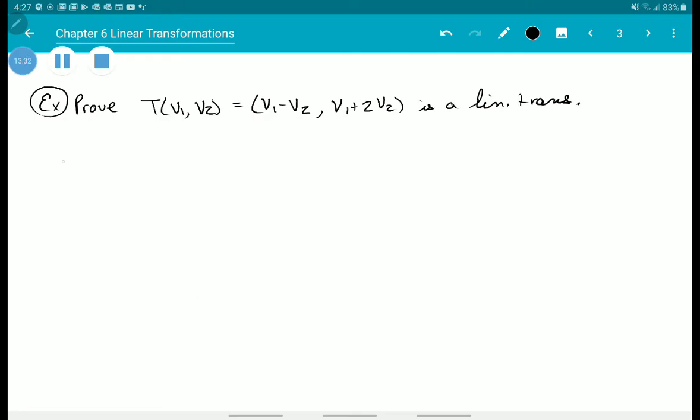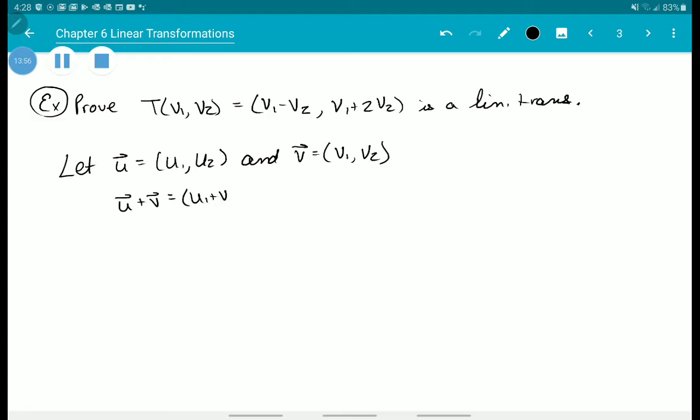So we need to come up with a couple of vectors. We're going to let U be (U1, U2) and V be (V1, V2). Then when we add U plus V together, we get (U1 plus V1, U2 plus V2).